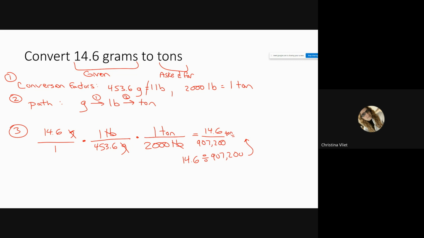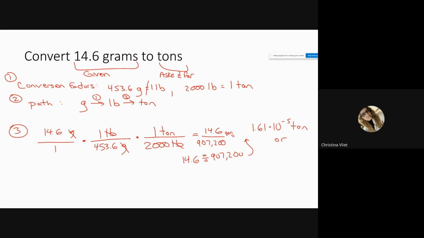Depending on the calculator you are using, you may come up with one of two answers. Both answers are correct. So I'm going to tell you what they are, both of them. You could have come up with 1.61 times 10 to the negative 5, or e to the negative 5. Or you may have a calculator that gives you standard form.